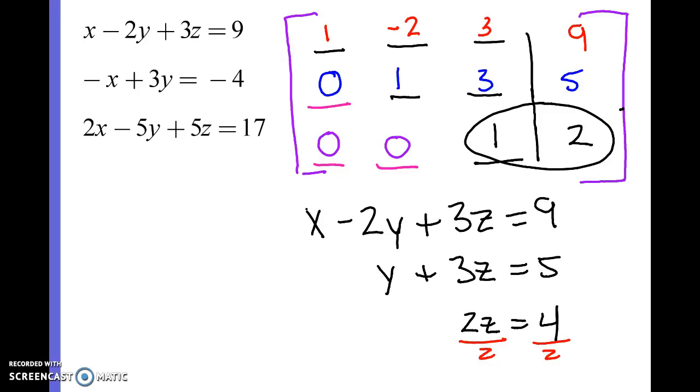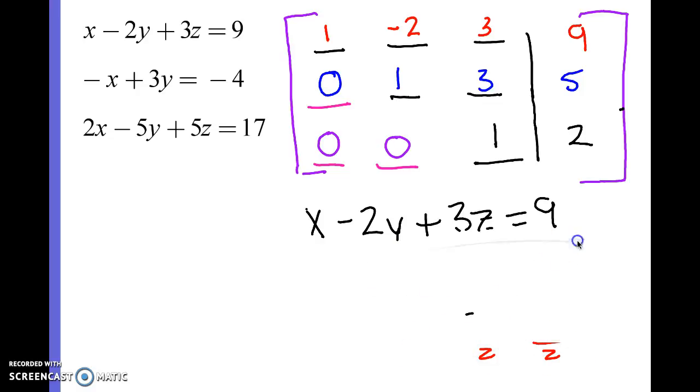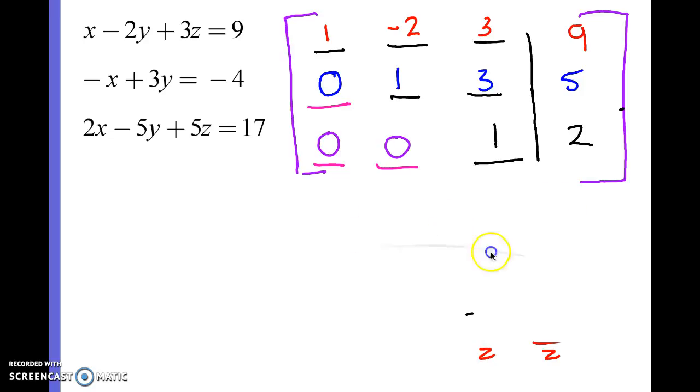Okay, so now that I've finished my matrix, I can do some algebra to solve the system of linear equations. I'm going to take the value for z that I figured out. So z equals 2.